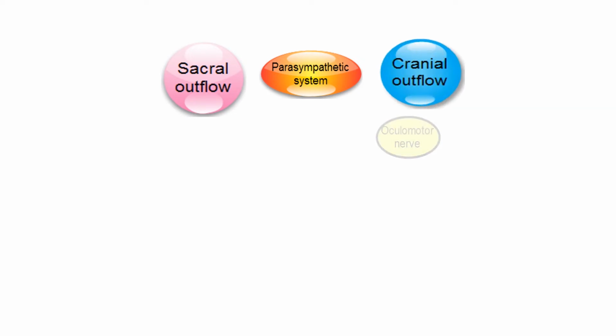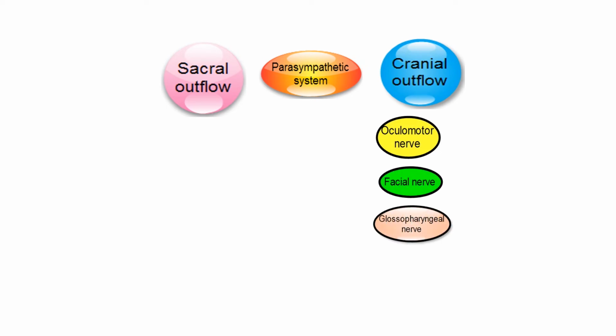A summary of the parasympathetic outflow. Parasympathetic system has a cranial outflow and a sacral outflow. The cranial outflow is through the oculomotor nerve, facial nerve, glossopharyngeal nerve, and the vagus.